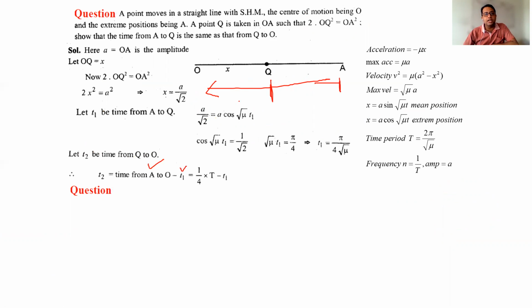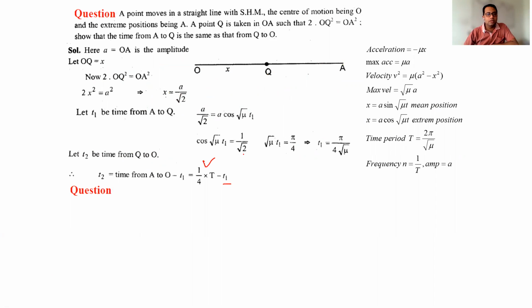What will the time from A to O be? Because if we complete the whole SHM diagram, the time of these 4 portions is capital T, the total time period. The time to cover 4 times the amplitude is capital T. And we need to cover only one portion of the amplitude, a single portion. So the time from A to O will be 1 by 4th of T, minus T1.